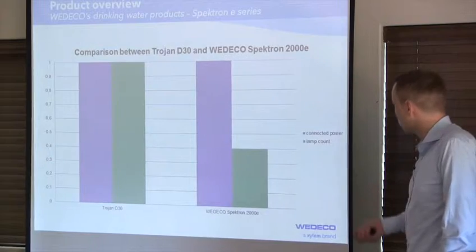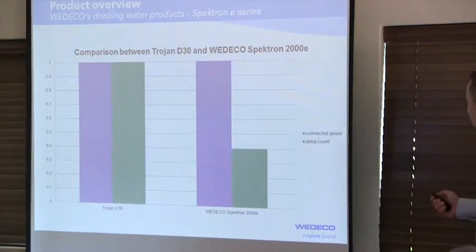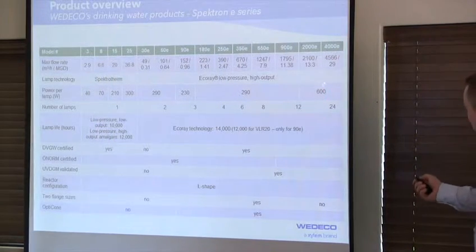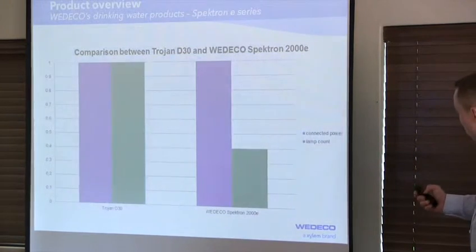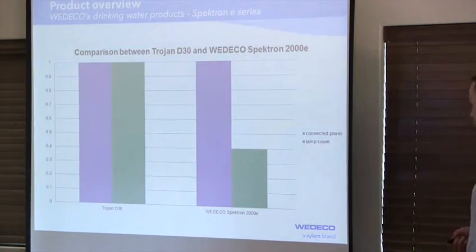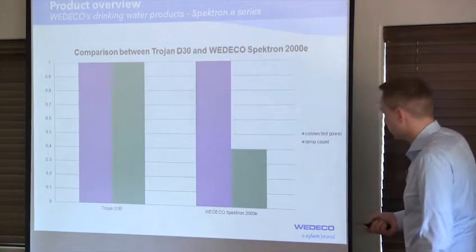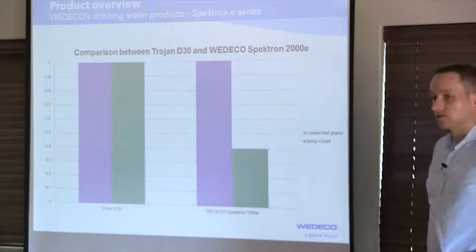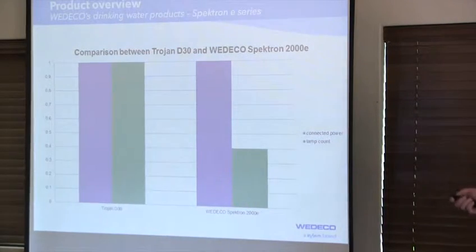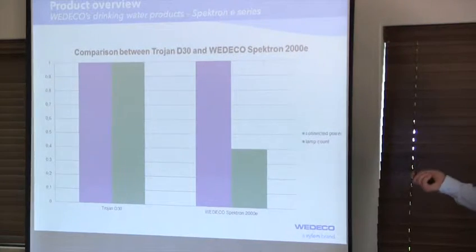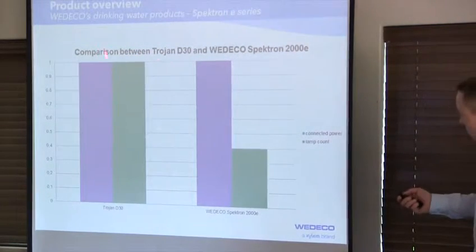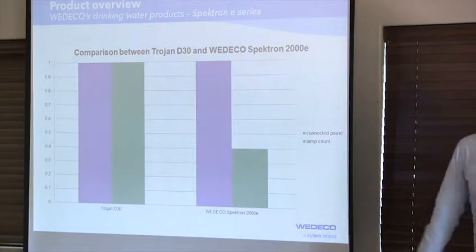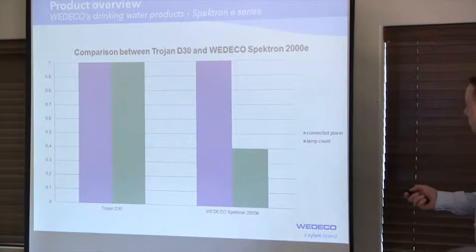And just a comparison for the Spectrum 2000, just to show you some. We use here 600 watt lamps compared to the 300 watts in other systems, and we made a comparison in one project which we actually won, where we were bidding against the Trojan D30. The D30 has 30 lamps, the Spectrum 2000 has only 12 lamps, at exactly the same connected power, so the same output.